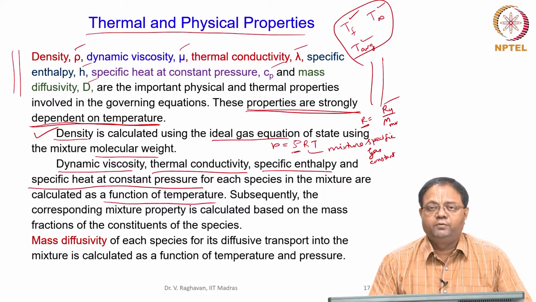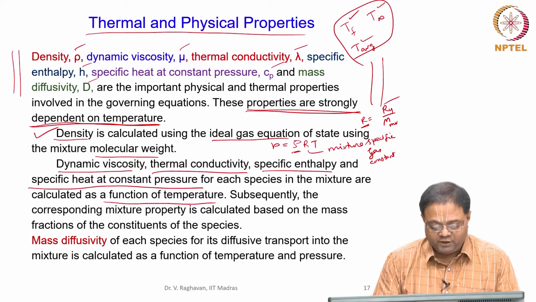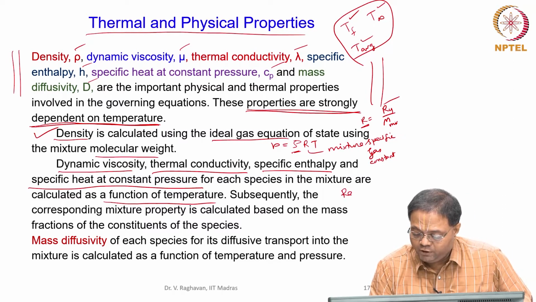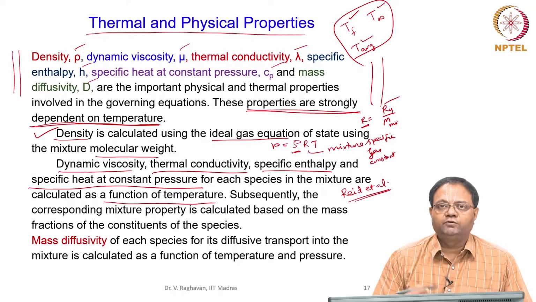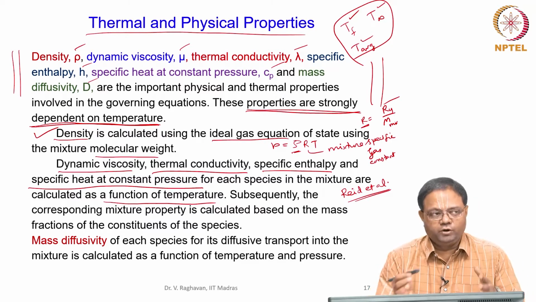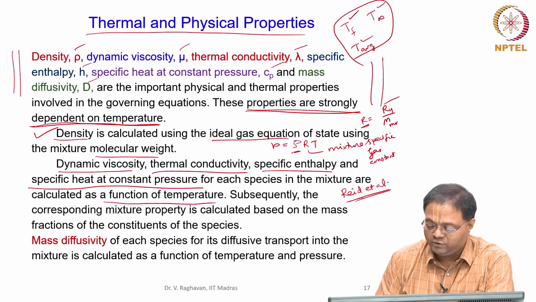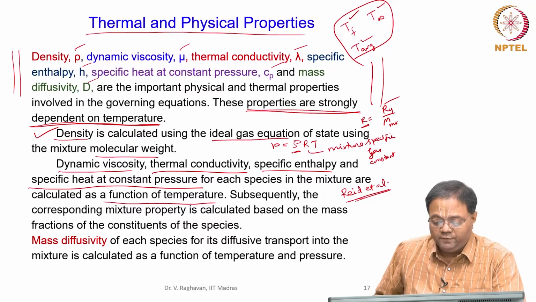A lot of researchers have worked on correlations for calculating the properties. One of the important books is Reid, R-E-I-D. This gives the properties of gases and liquids as a function of temperature and pressure, in the low pressure regime and high pressure regime and so on. A lot of correlations have been listed here, and research papers can be used to calculate the properties.